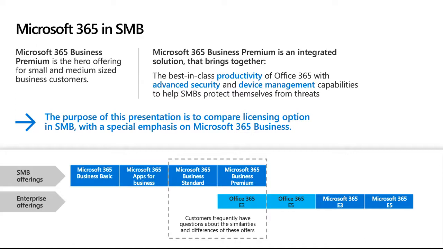Specific comparisons included in this presentation include Microsoft 365 Business, which is a superset of Office 365 Business Premium. It includes everything in Business Premium, plus adds the advanced security and device management capabilities. Neither Microsoft 365 Business nor Office 365 E3 is a superset of the other.